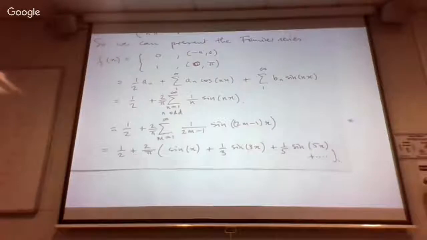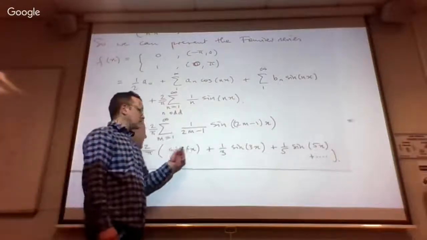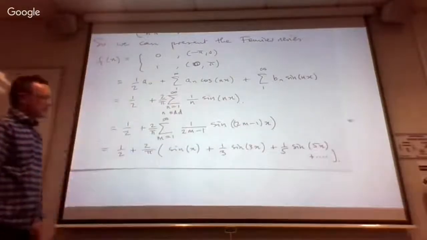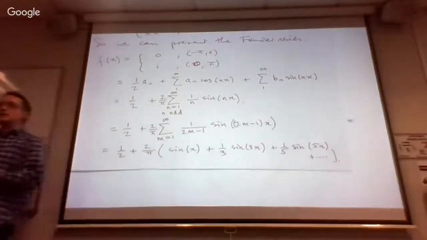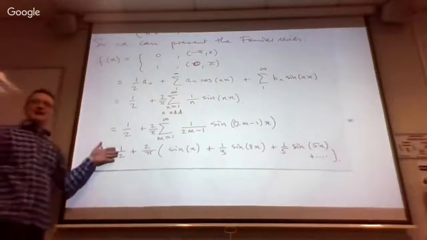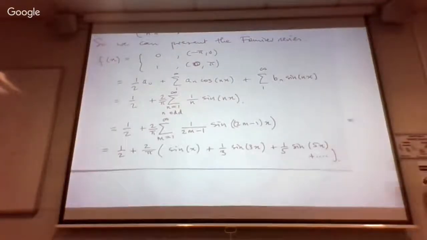So it's this combination of sine functions, all sine of the odd multiples of x, divided by the odd integer, the whole thing rescaled by 2 over pi, shifted upwards by a half, that generates the square wave function.